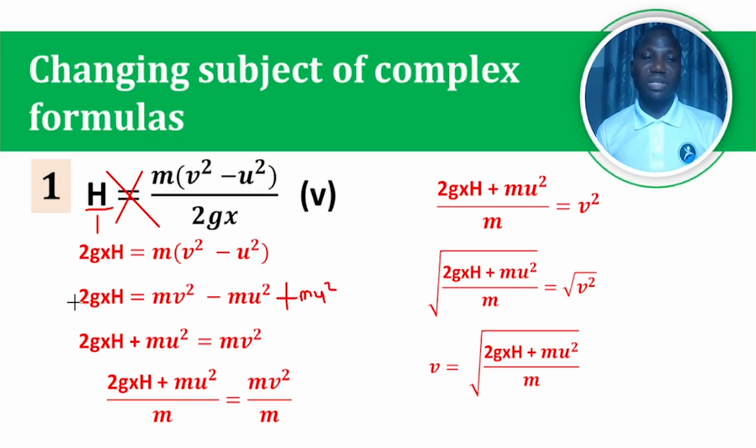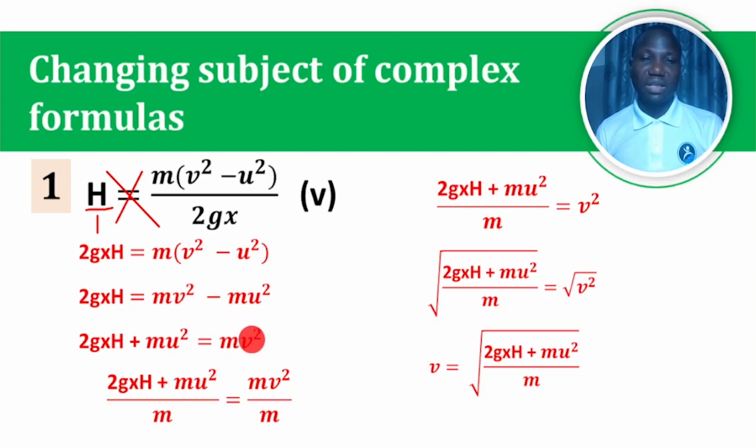Or better still, you can just simply say move this negative mu squared to the left. So if we move negative mu squared to the left, we are going to have 2gxh plus mu squared equals mv squared.